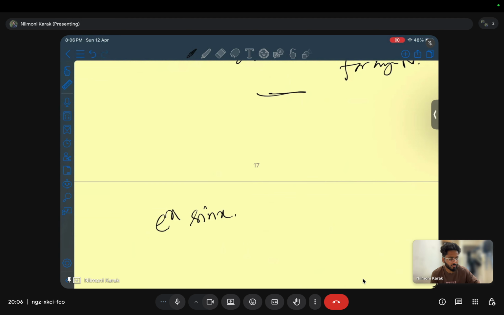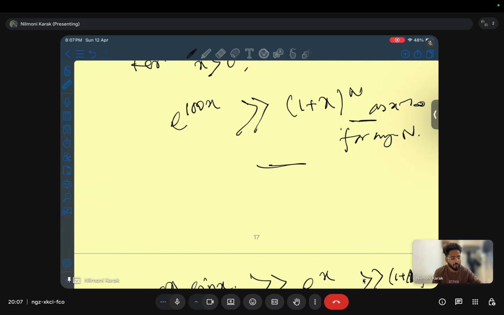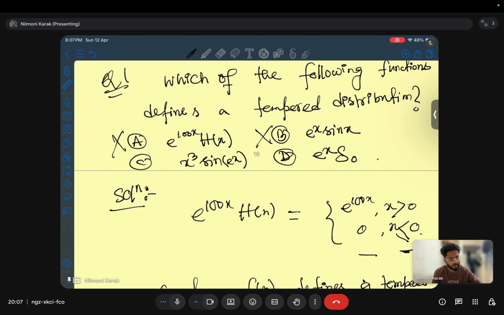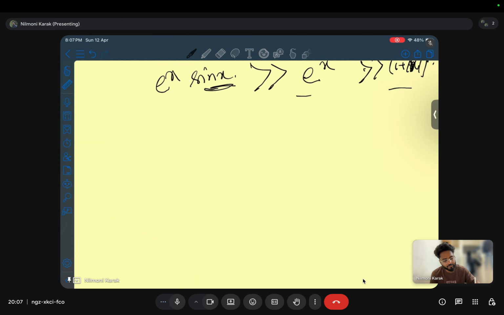and this is x cube sin e to the power x.